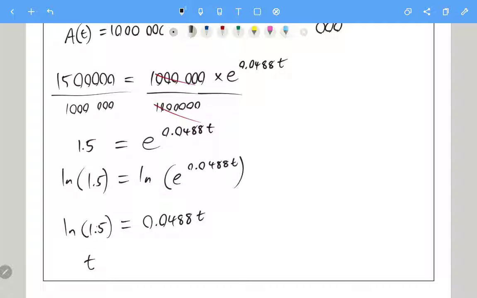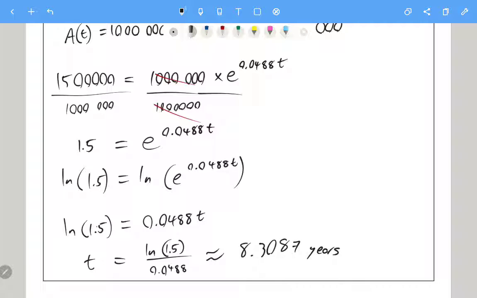And we're left with t is equal to ln of 1.5 over 0.0488. And this is approximately equal to 8.3087 years.